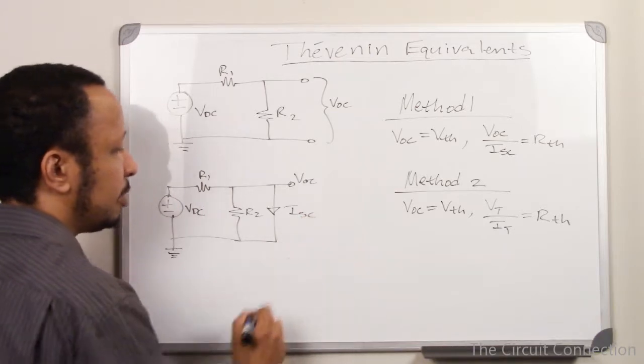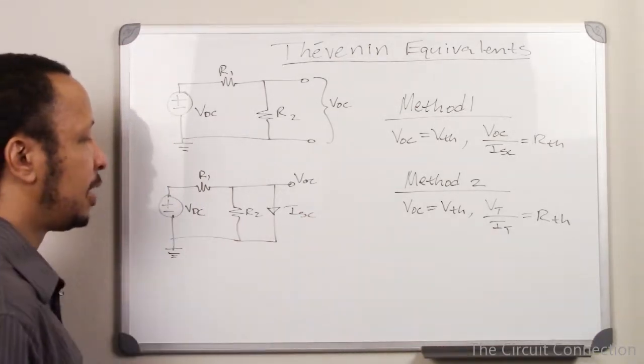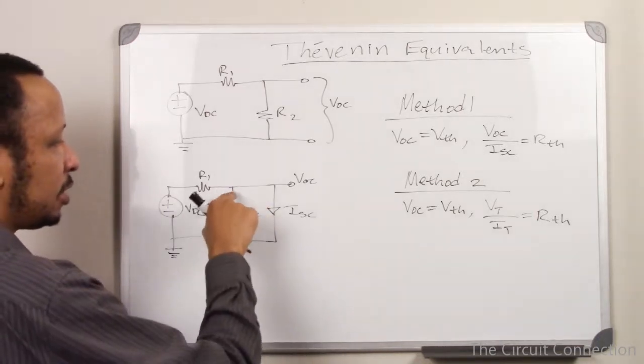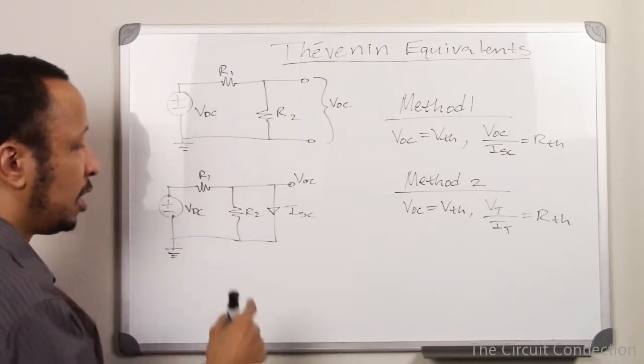If we short that circuit, then R2 comes out because all of the current gets diverted around R2, which is now seen as a very large resistance.